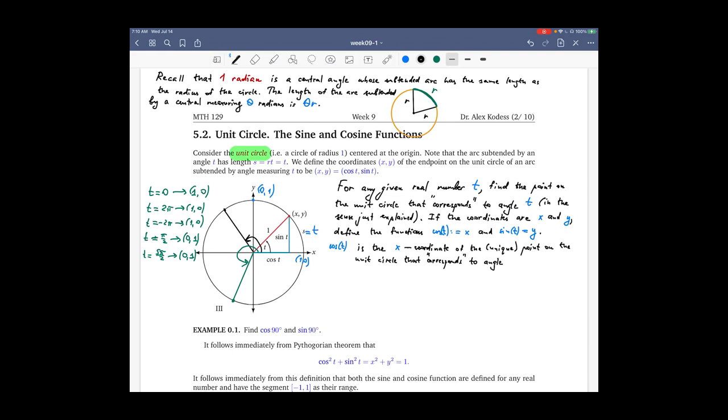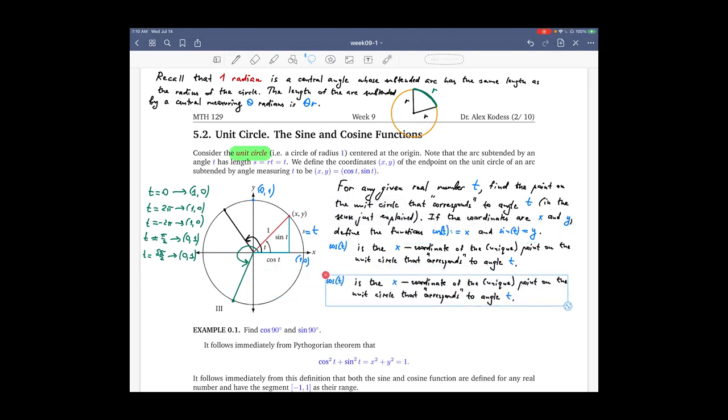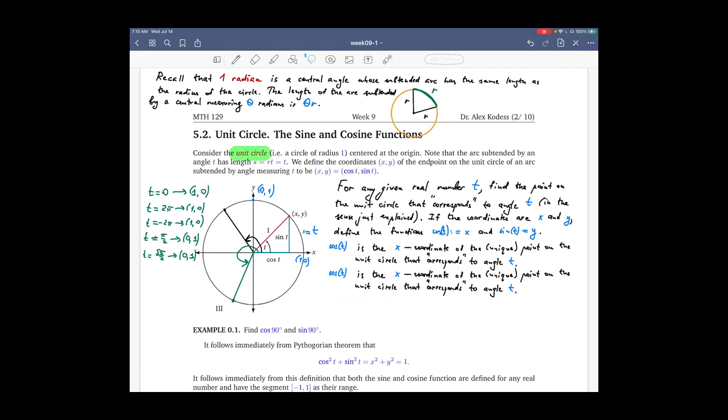Again, what corresponds means we explained. And likewise, sine t is the y-coordinate of the unique point on the unit circle that corresponds to angle t. Again, what corresponds means we have explained.